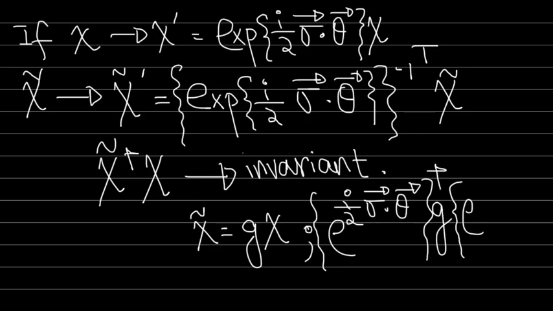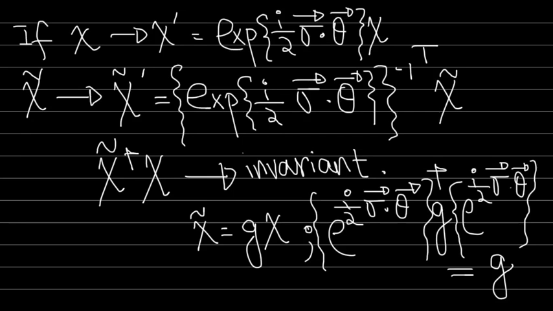Let me write this: exponential i over 2 sigma vector dot theta vector. This is equal to g, right?